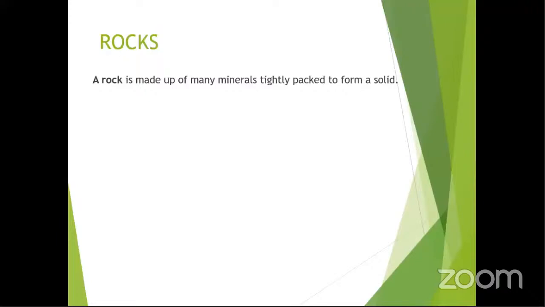So there are very many minerals tightly packed together, and then they form what we call something solid, which we call a rock. And a rock is something very hard. So when we continue, we shall look at different types of rocks also.